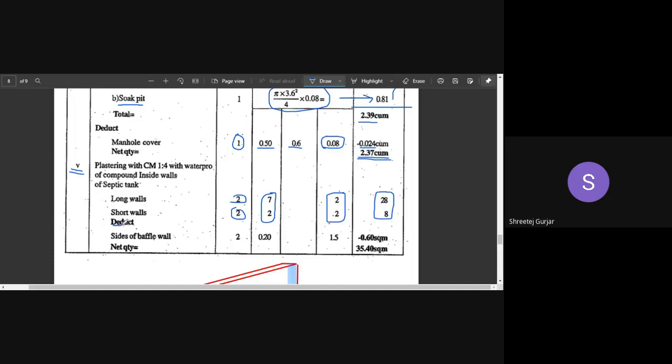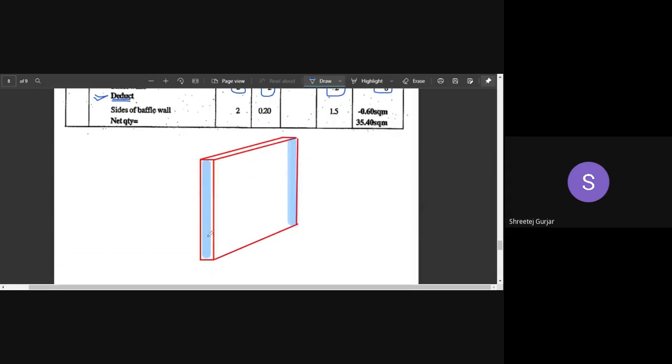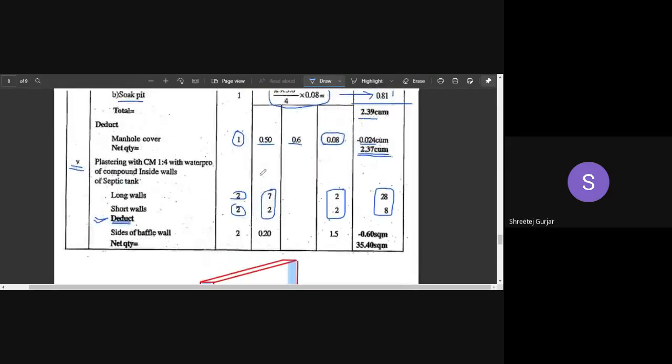So now deduction. Some deduction they have done in exam. You can do it or you can skip this. This is a very minor quantity, wherein if you do not deduct, it will be fine. Sides of baffle wall they have deducted. Sides of baffle wall meaning, this is your baffle wall which is provided, right? You can observe I have drawn a 3D image of your baffle wall.